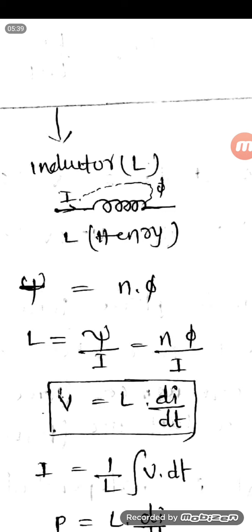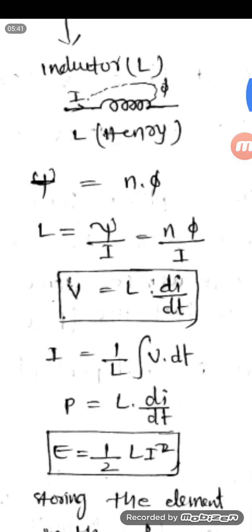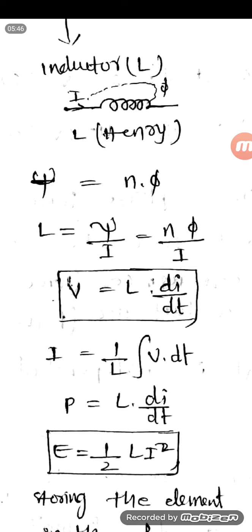If we define inductance, it is the ratio of flux linkages to current. L is equal to psi by I, which is equal to n phi by I. This is the definition of inductor L, the ratio between the flux linkages to current in the circuit.